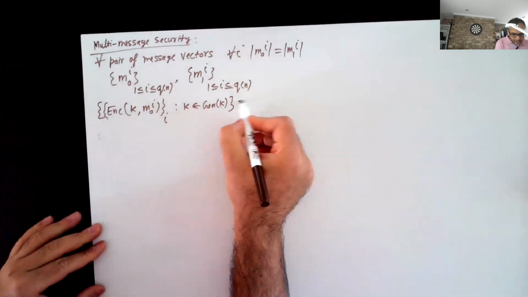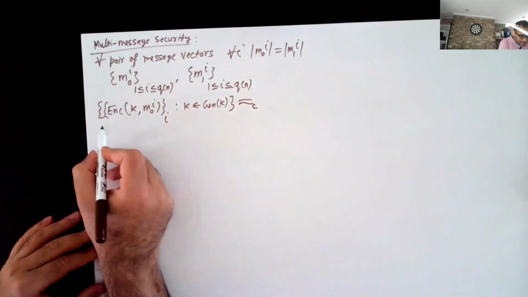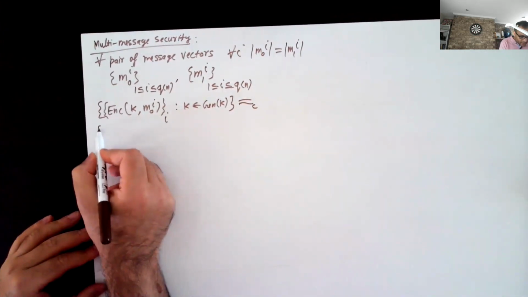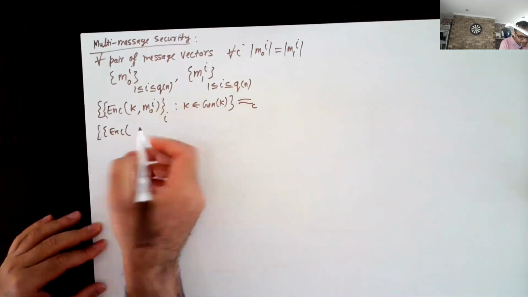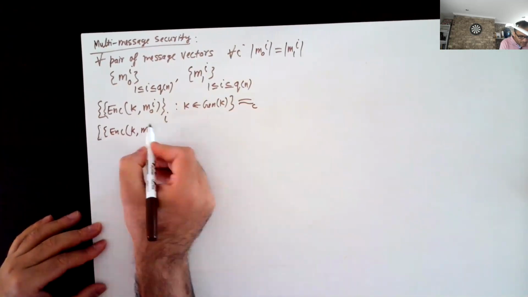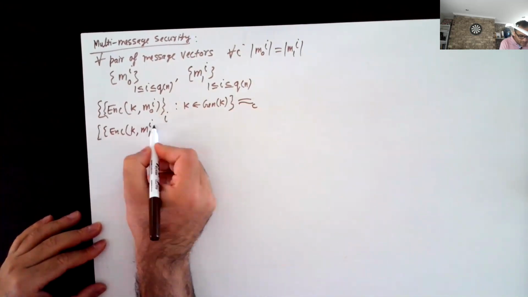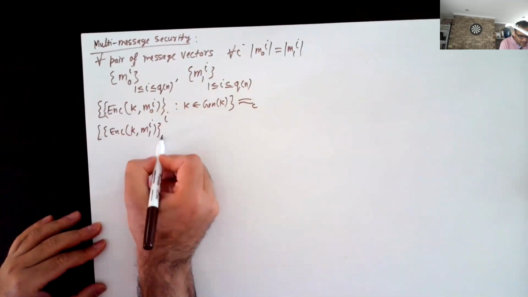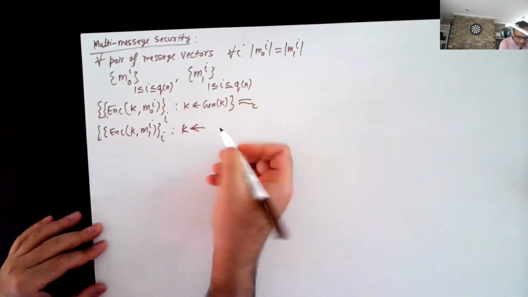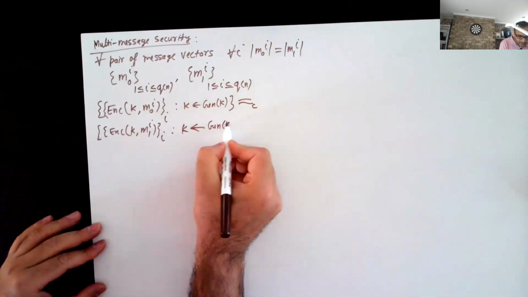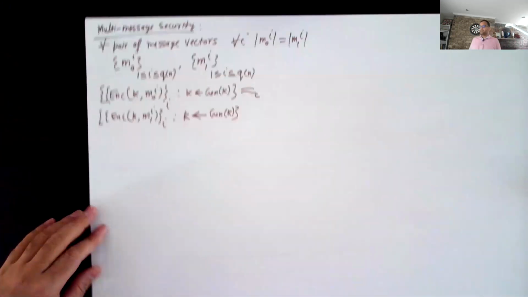And what I need is that this should be computationally indistinguishable from the distribution where all the ciphertexts are encryptions of M1i, right?